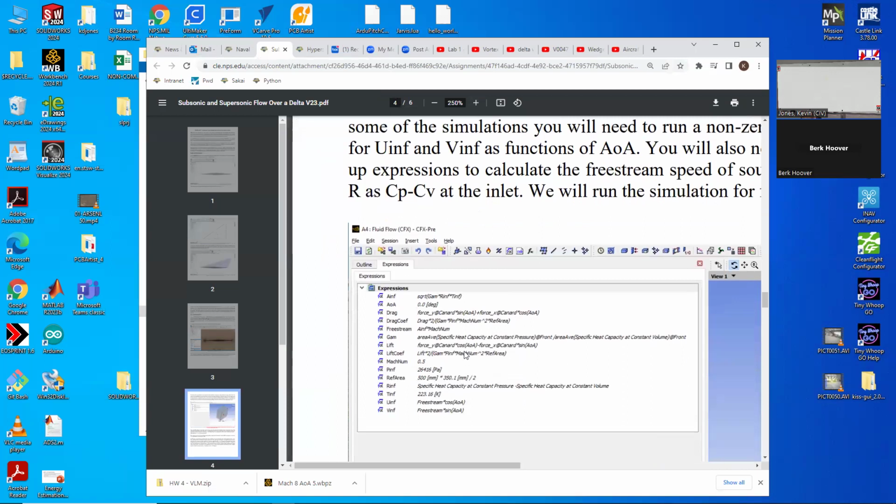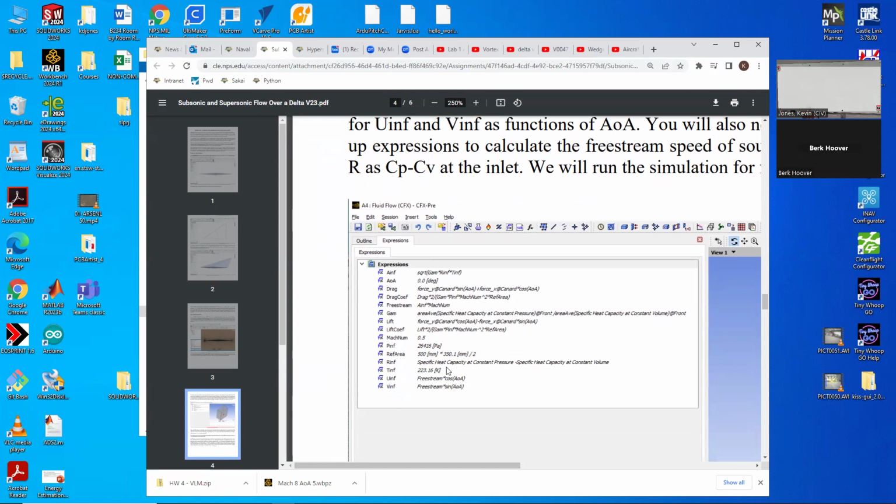I think when we did it last time, this is where we discovered that trick with gamma and the real gas with specific heat constants. For the subsonic case that you do, that'll work just fine. In the supersonic case, it will also work, but it will converge quicker if you don't do that.